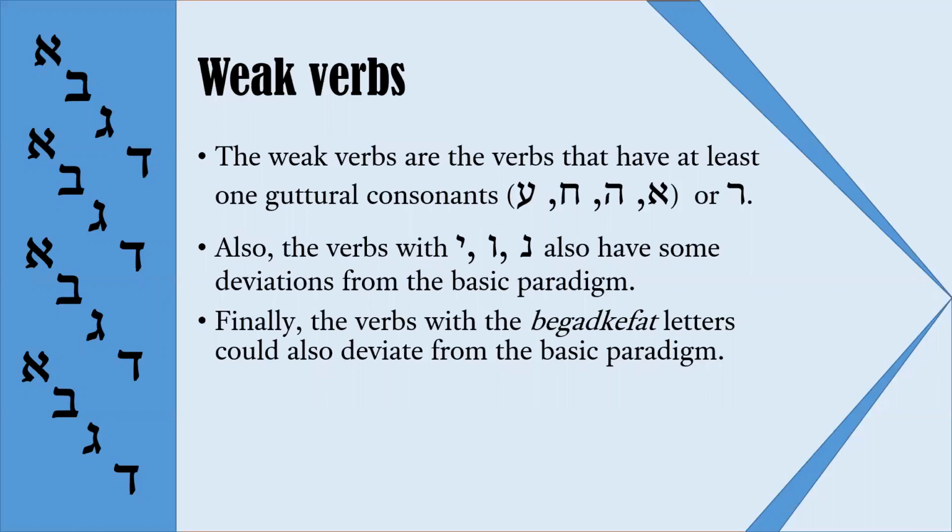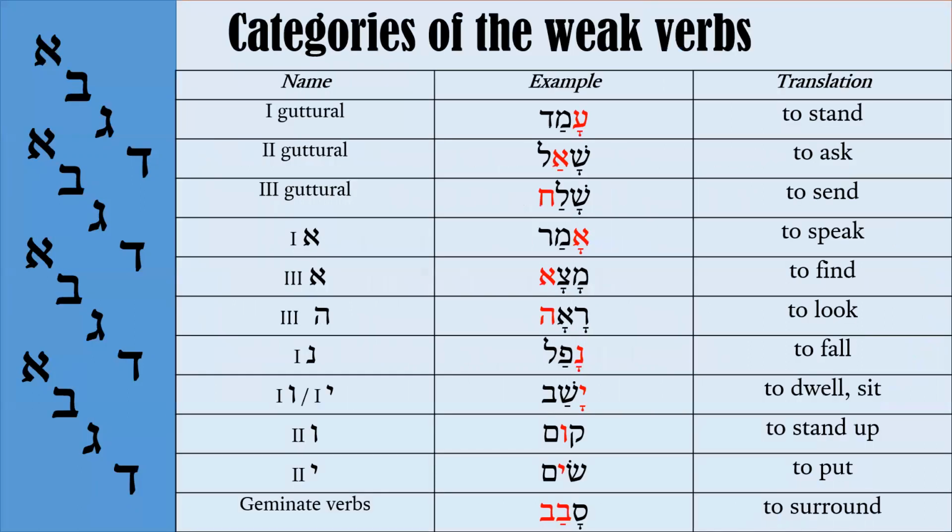because bigat kefat letters also could be a reason for some deviation from the basic paradigm. And now, in order to better understand the weak verbs, they are usually categorized, and there are several categories of the weak verbs. And here on this slide, you can see all those categories. The first guttural, the second guttural, the third guttural, and there are some special cases which have some more deviations, something unusual.